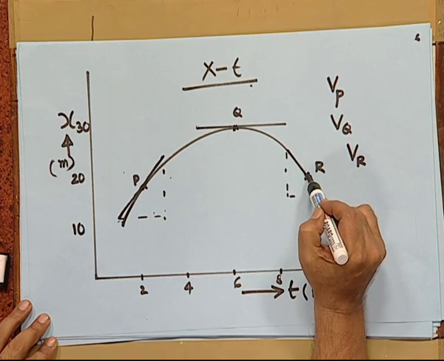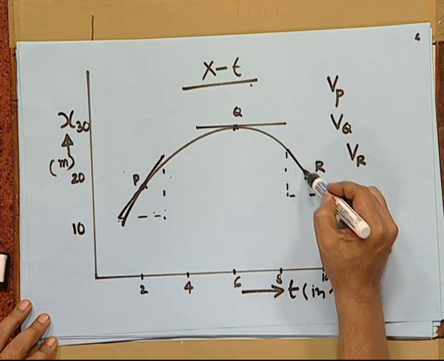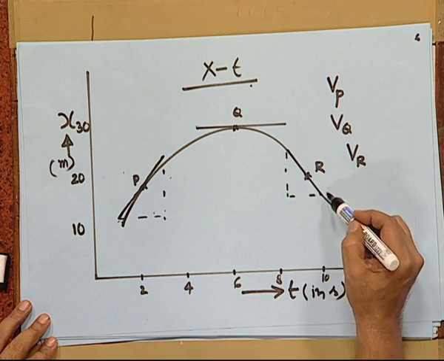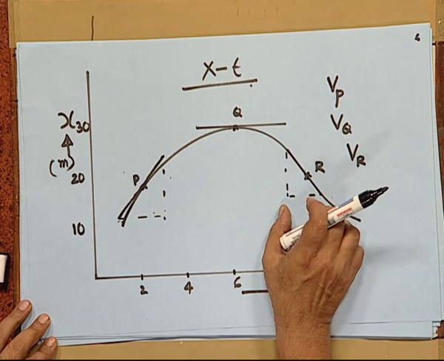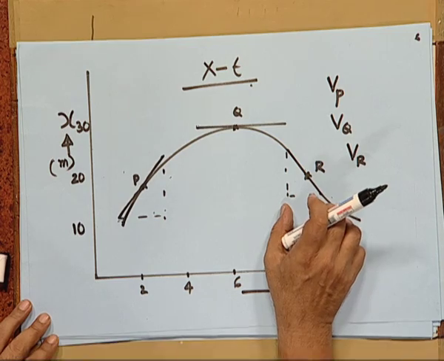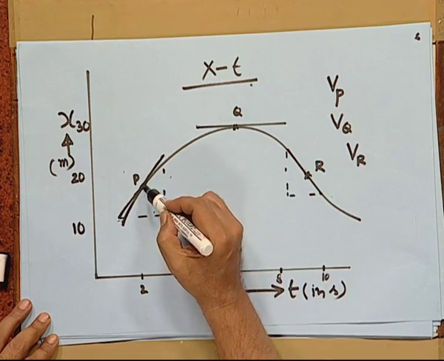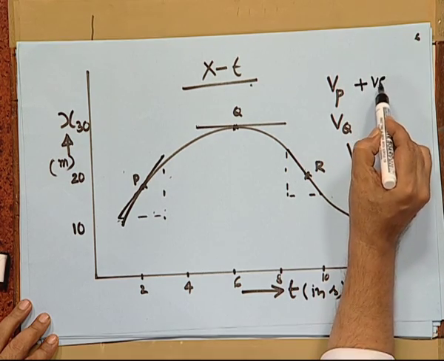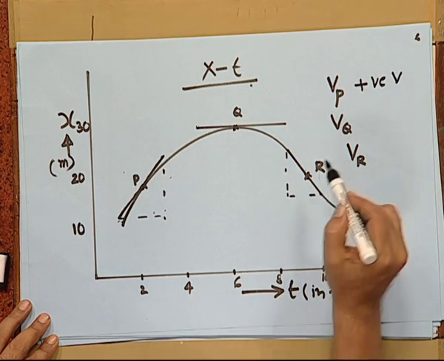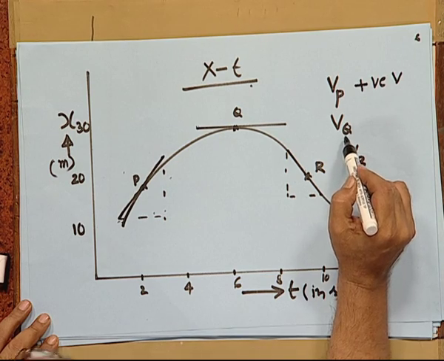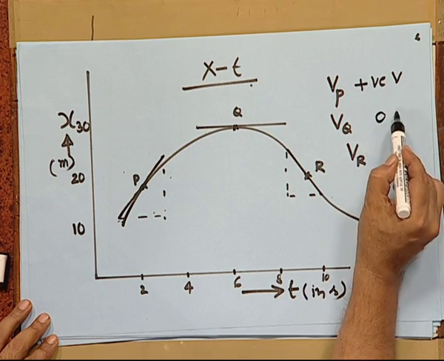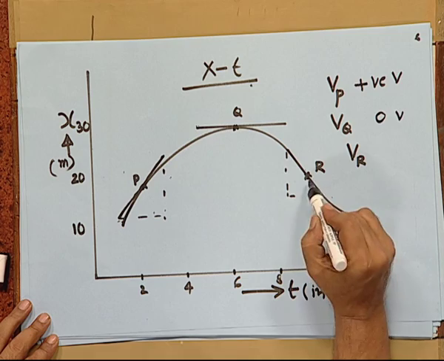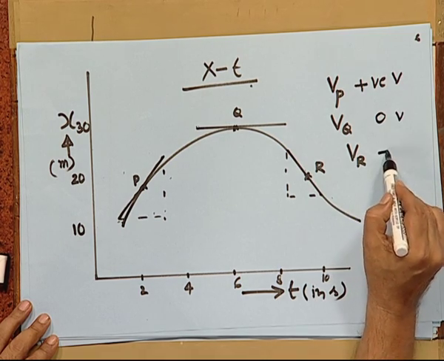Look at this point R. If I draw a tangent that almost coincides with the curve, the slope of this tangent is negative. It means at point P, the object has positive velocity, the object has 0 velocity at point Q, and at point R, the object has negative velocity.